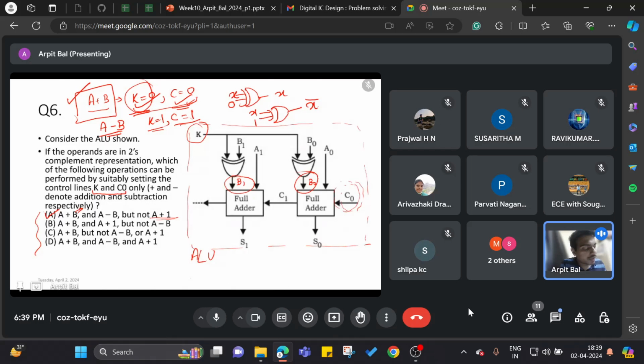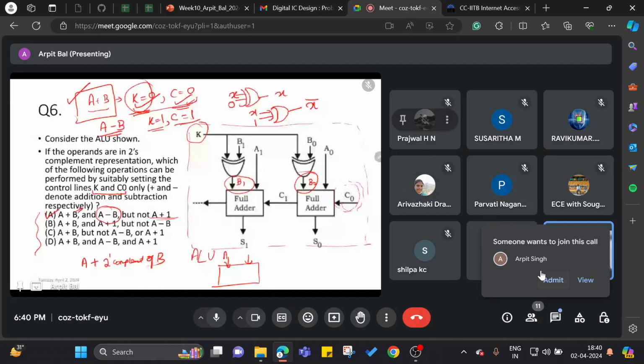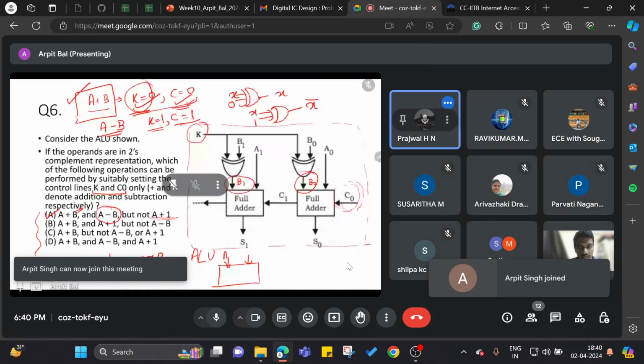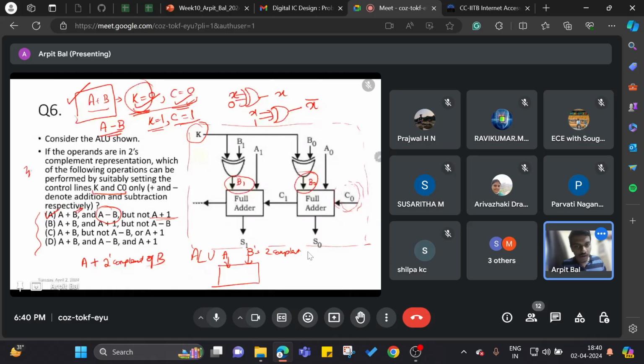Now the next thing, can we perform A minus B? To perform A minus B, I can write this as A plus 2's complement of B. It means if I have an adder, I can just give two inputs, A and B's 2's complement.